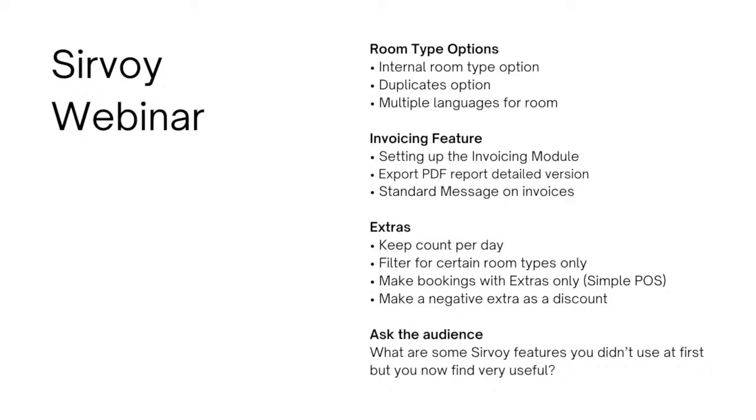So it's almost like a simple point of sale system in a way. In other words, you don't actually have to have an accommodation. You can just make an extras only booking. And then you can even use extras as a way to create a discount. You can create a negative extra, and that will make it so that it's like a discount, and it'll keep the books balanced.